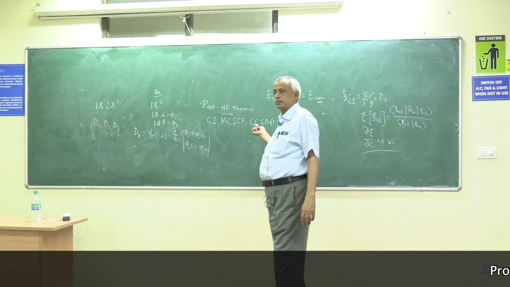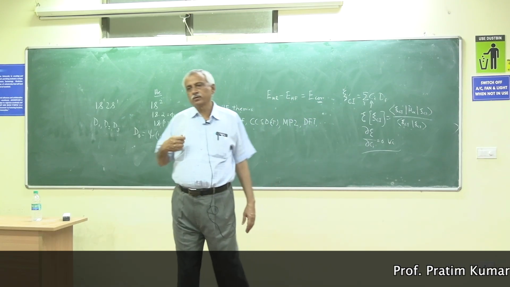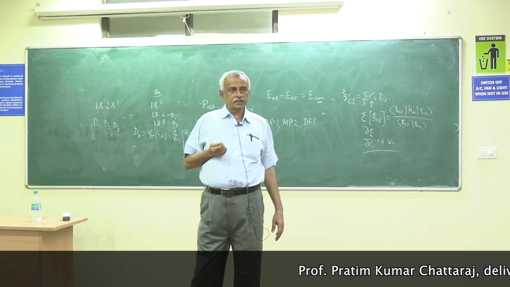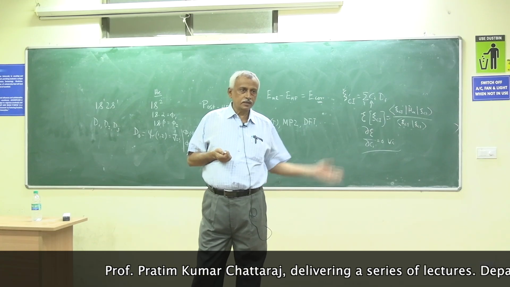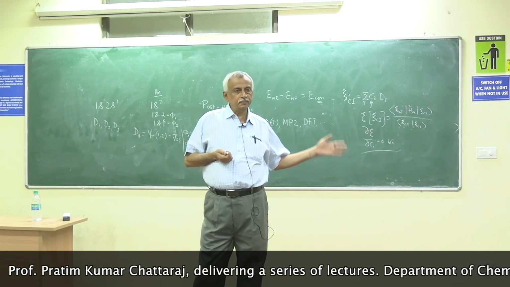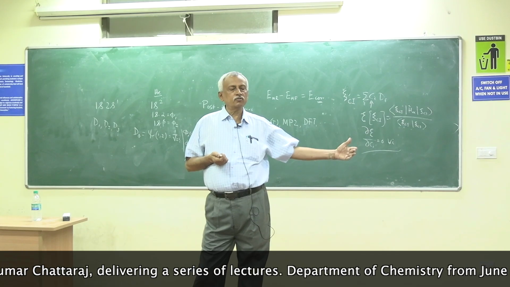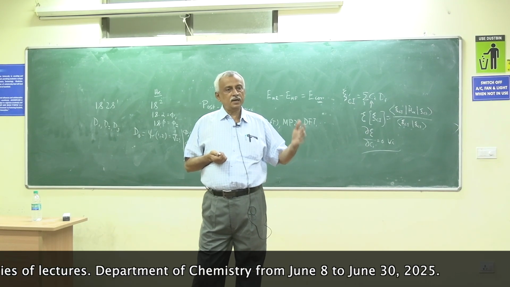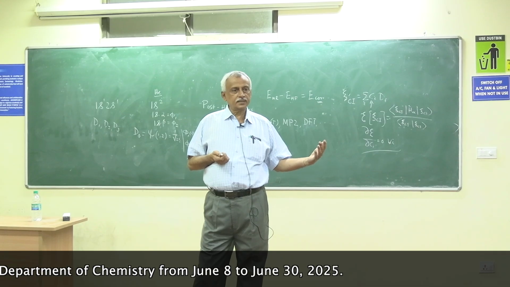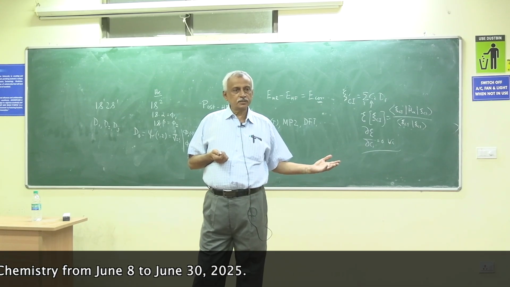If you do this, your energy will go very close to the exact non-relativistic energy, which is way better than your Hartree-Fock energy. So you see the step-by-step development: your original hydrogenic system, very, very crude. Then you have the Hartree theory where electron-electron repulsion is taken care of, but the Pauli antisymmetry principle is not there.